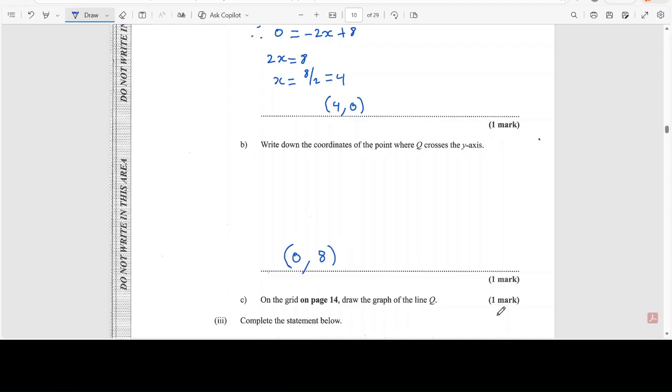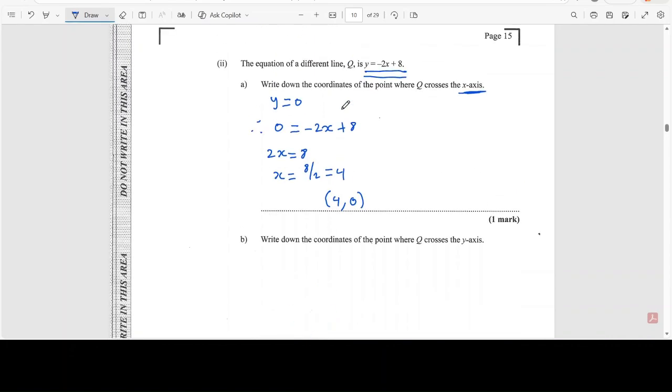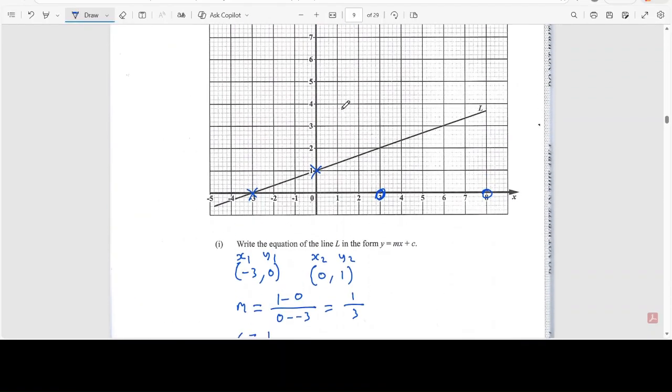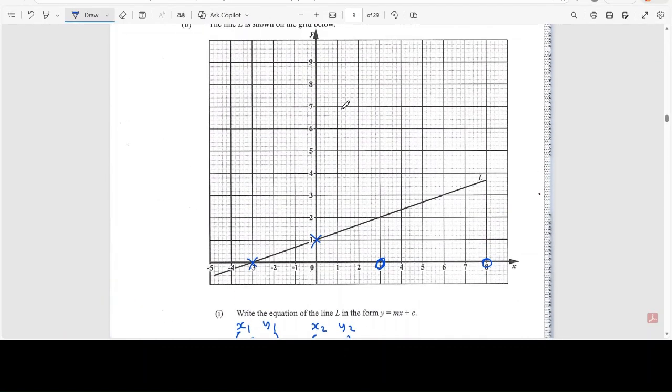On the grid on page 14, draw the graph of line Q. We have 2 points, so we need to put in the 2 points and then draw the line. The first point is (4, 0). Where is (4, 0)? It is here.